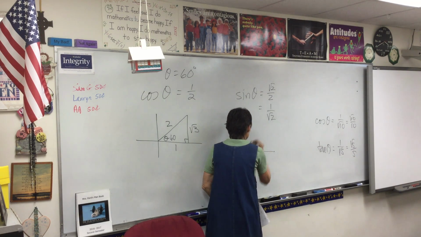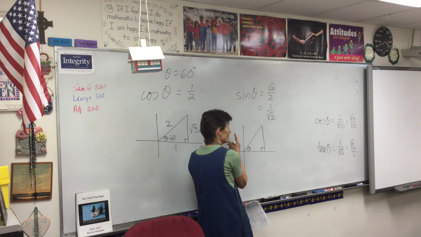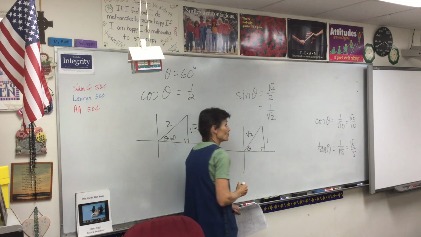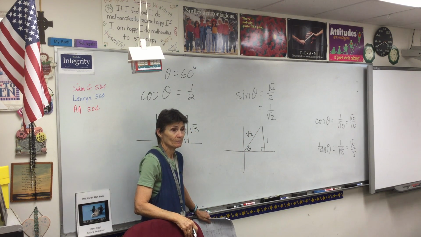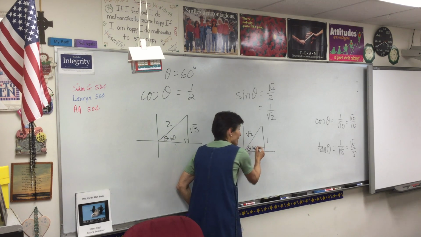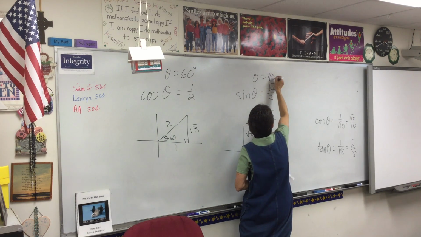So here's my picture. The sine is opposite over hypotenuse. Do those two numbers look familiar to you? This is a 45-degree angle, isn't it? Yeah. So theta is 45 degrees.